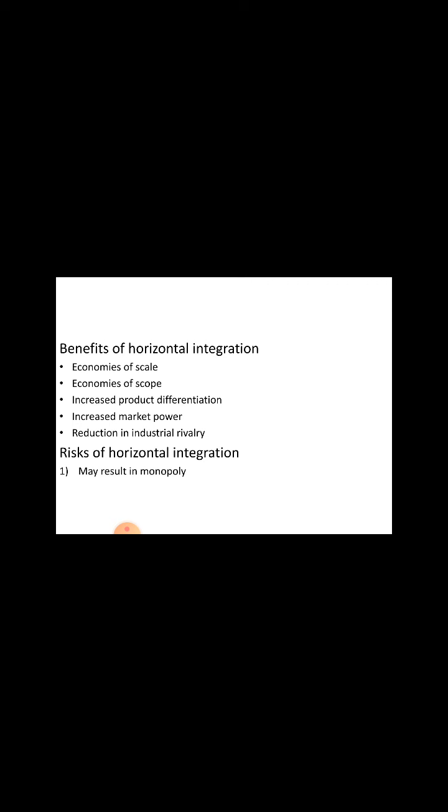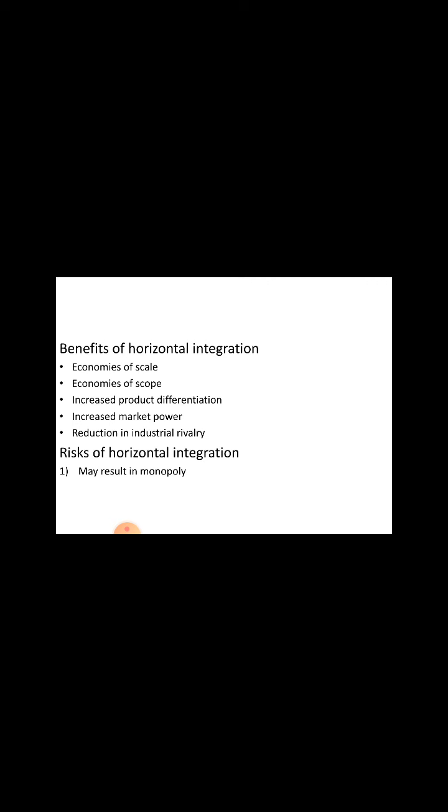Now, how can a company reduce its cost per unit of production? In order to do that, the company has to produce in large quantity. Now, when two big companies get merged into one, their production takes place in a large quantity, and it enables the firm to reduce its cost of production, and in turn it attains economies of scale.